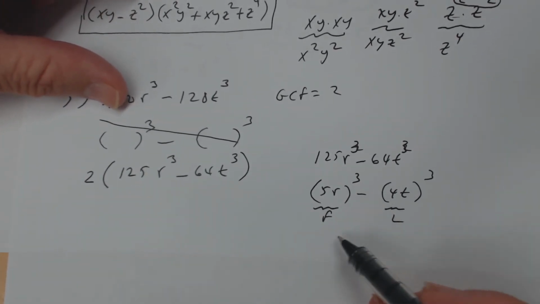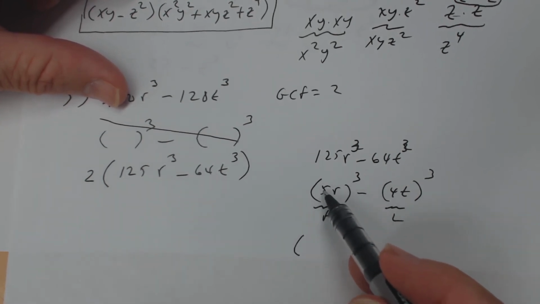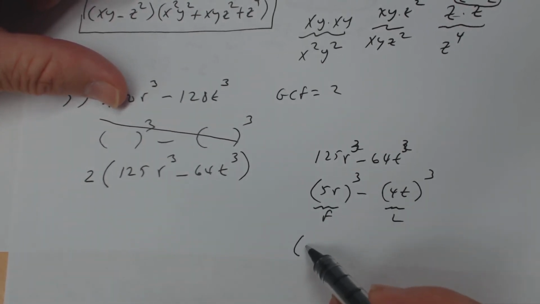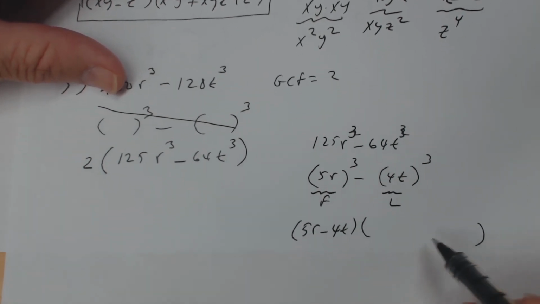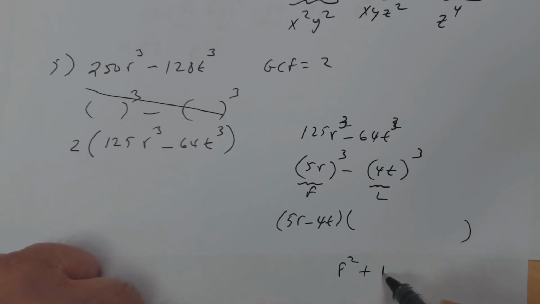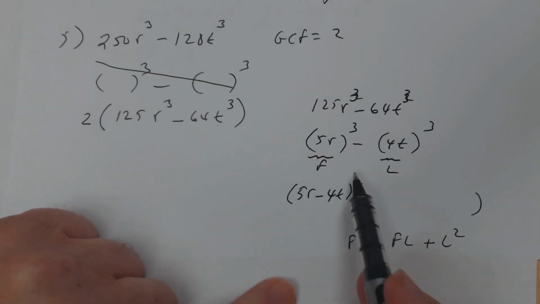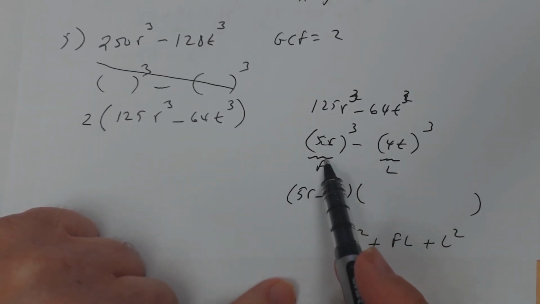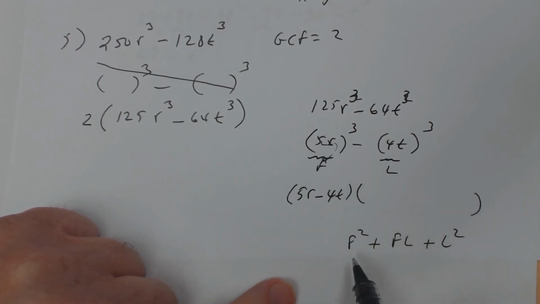And so remember, we're going to say F minus L. So there's your binomial, 5r minus 4t, times, all right, your trinomial. Remember this is F squared plus FL plus L squared. So that's what goes here. So if 5r is denoted as F, my first term inside that parentheses, then this says I'm going to multiply by itself twice.